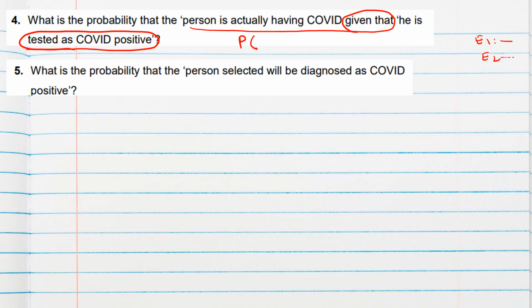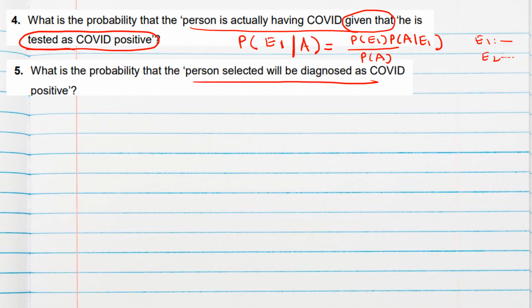So probability of person having COVID means E1, given that, so conditional probability, tested COVID positive A. So we know P of A will be in the denominator. Using Bayes theorem it will be P of E1 times P of A by E1.